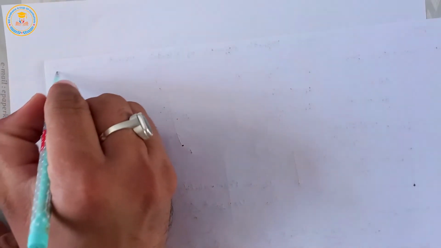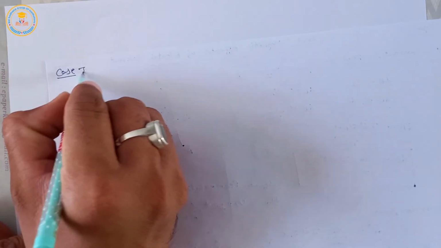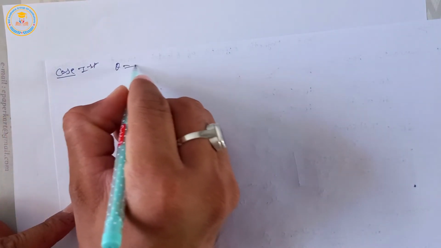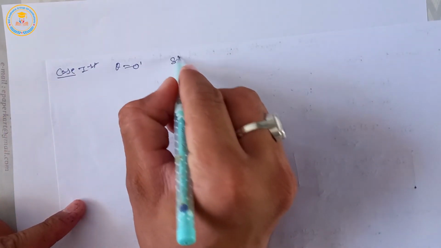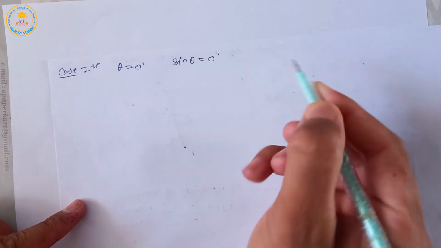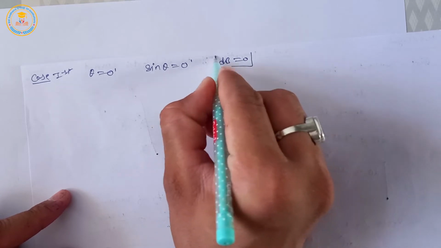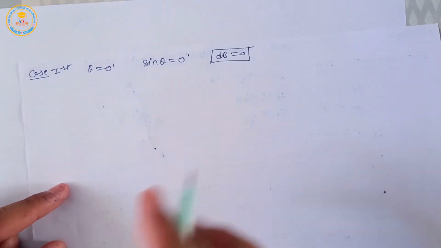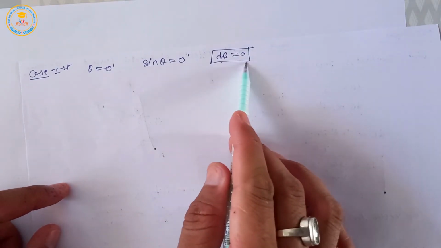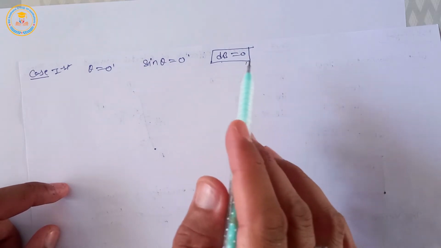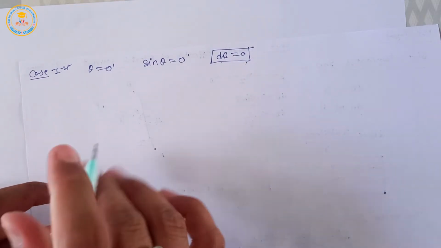So we take case first. If theta is equal to 0, then we know that sine 0 is equal to 0. In this situation, dB is equal to 0. So we can say in the direction of the line element, the magnetic field is 0.